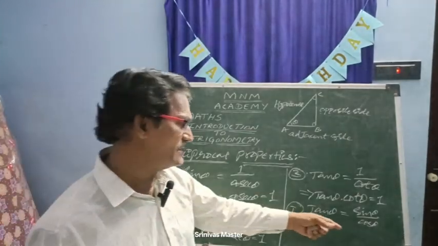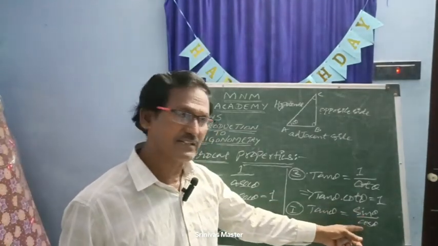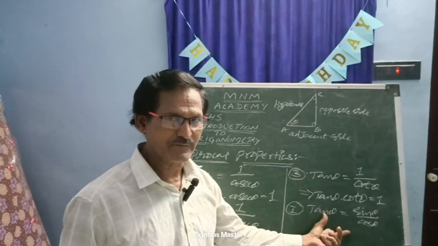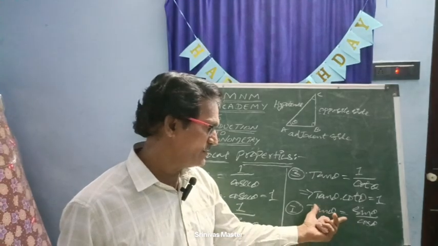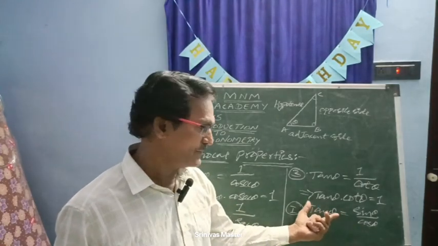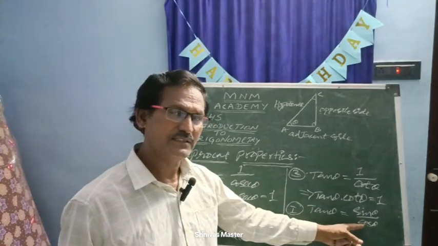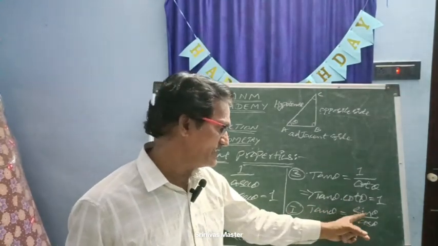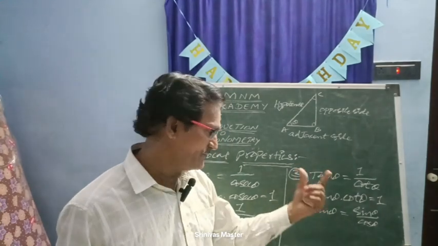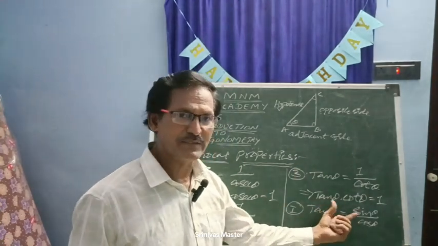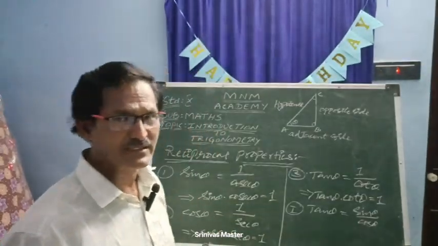From this we can get the sin theta value and cos theta value according to the general rule of algebra. Sin theta is equal to what? Tan theta into cos theta. Then cos theta is equal to sin theta by tan theta. That means if you know the main rule, from that you can derive sin theta and cos theta.